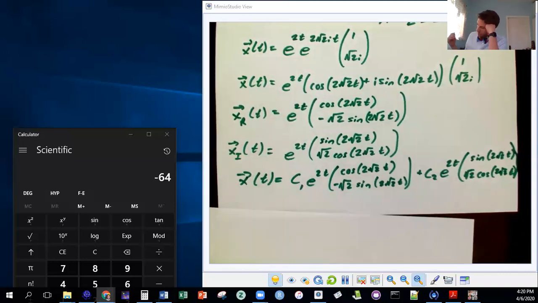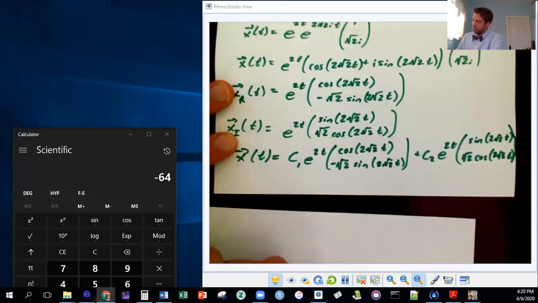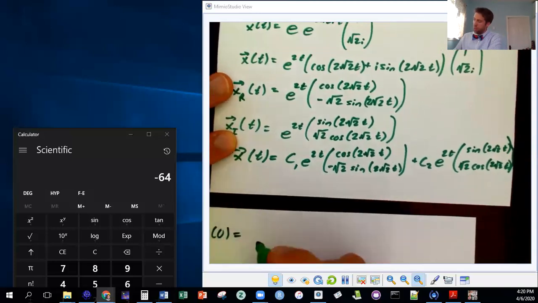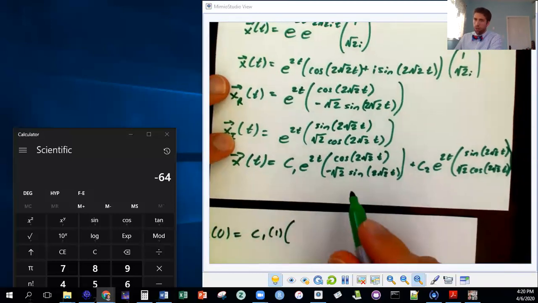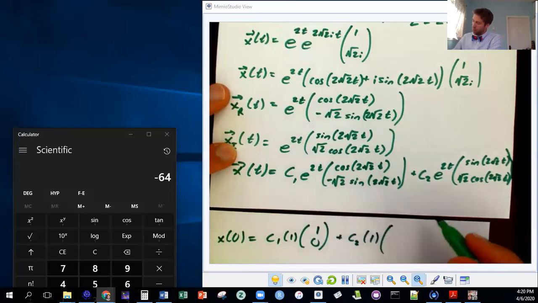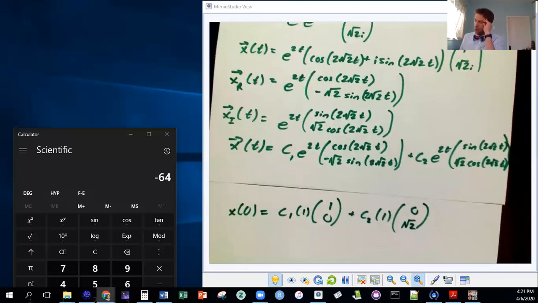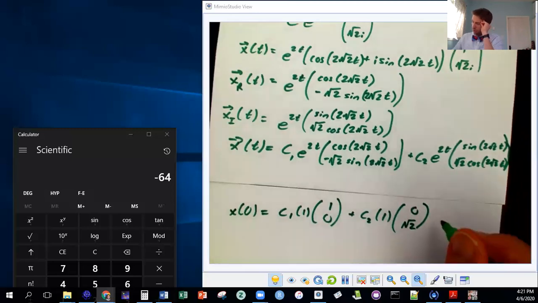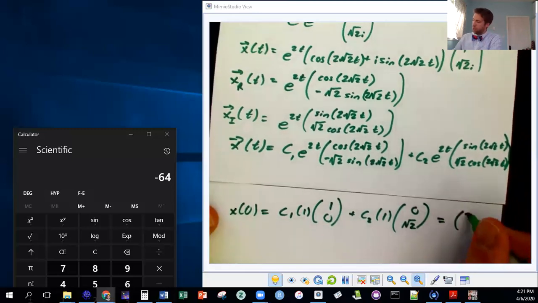If I plug in 0, x of 0 is c1 times 1, 0, because plugging in 0 for the cosine gives you 1 and for the sine gives 0, plus c2 times 0, square root of 2. Now I want it to be equal to 2, negative 3 with this initial value problem.